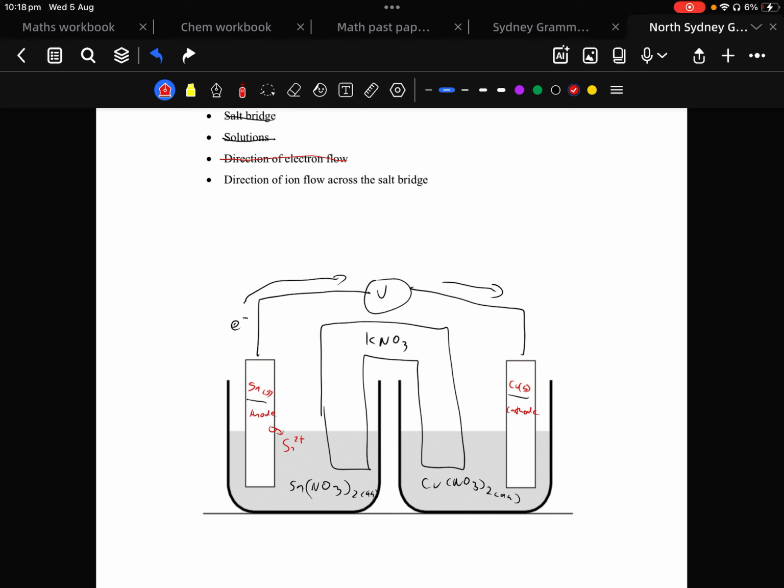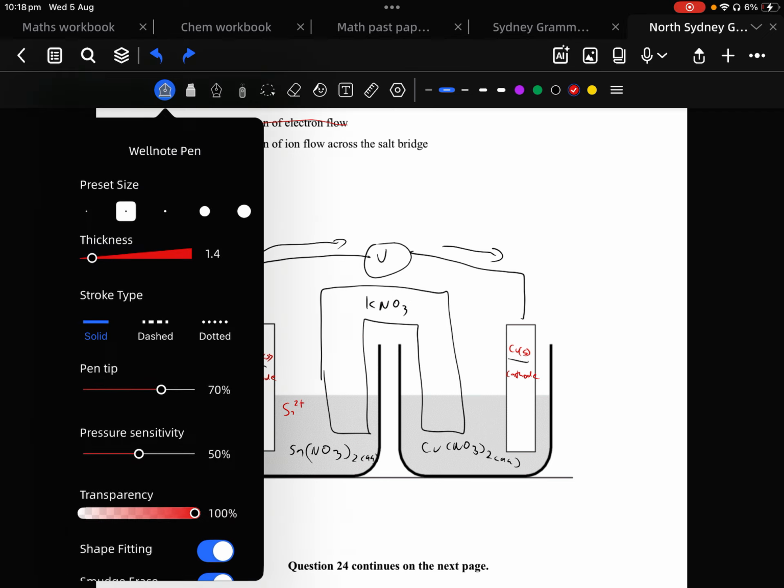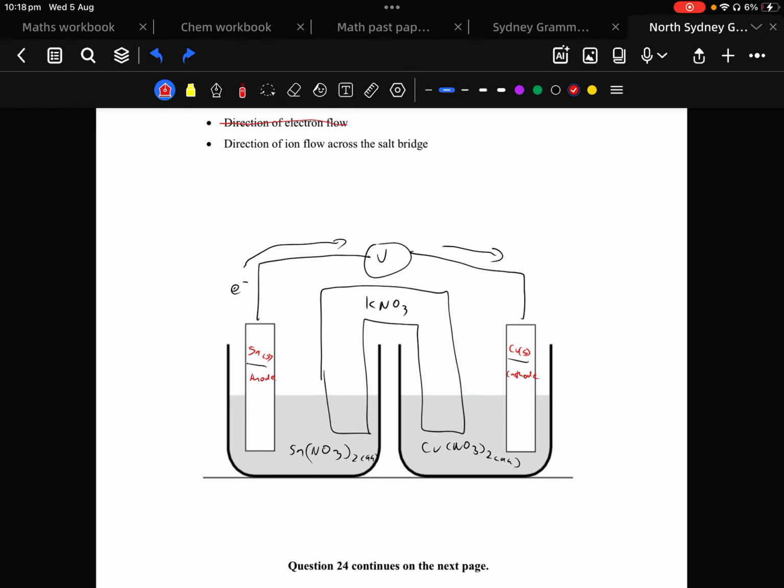And to create neutrality, the potassium cation, wait no, the nitrate anion must join up with tin to create a solution. That's why NO3- goes down this way.